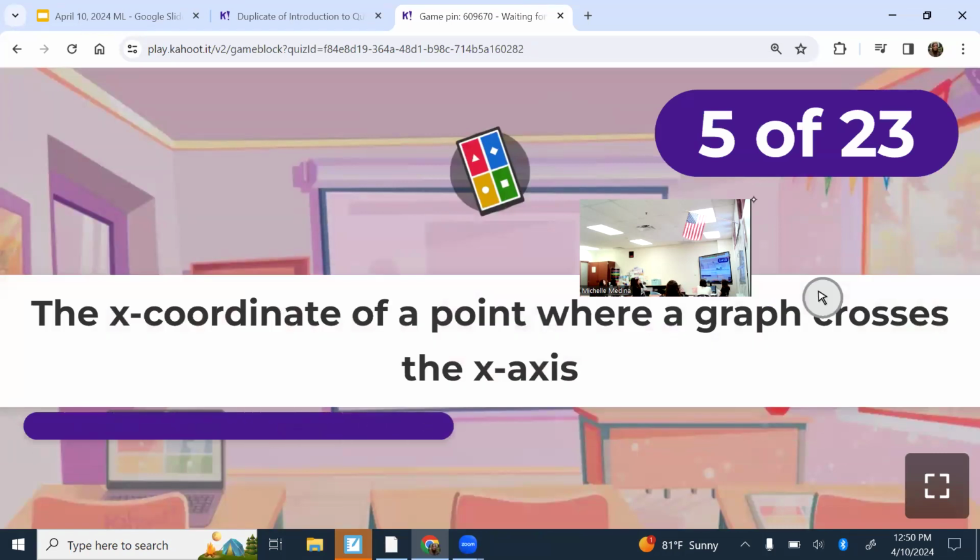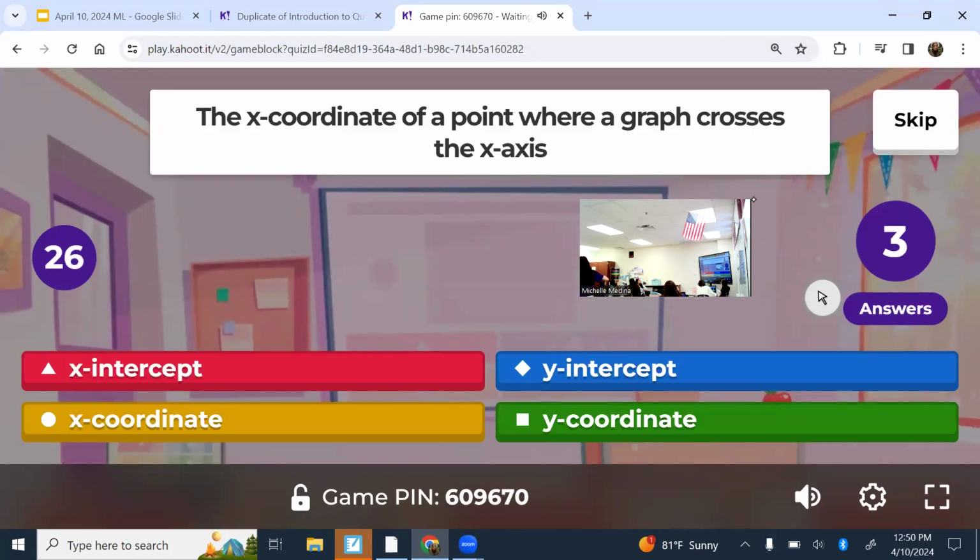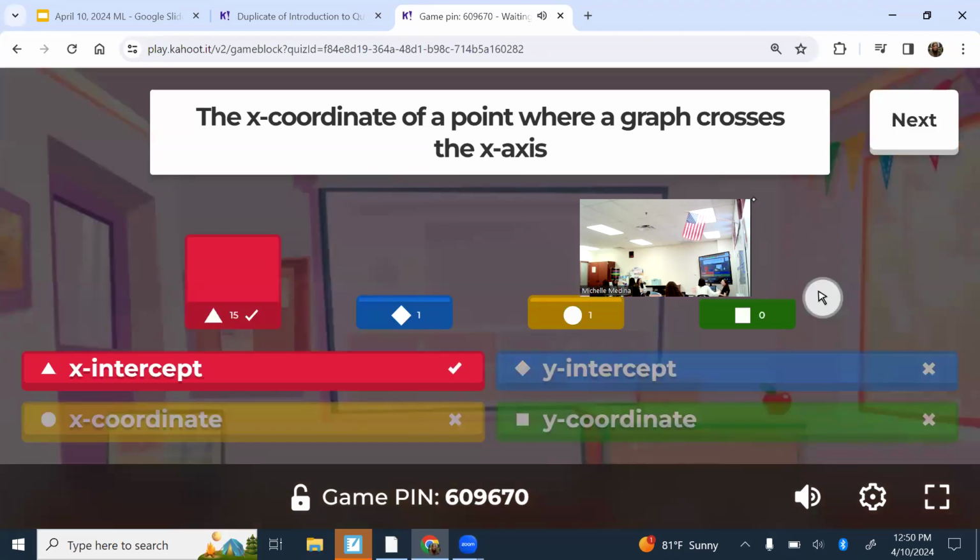Okay, the x coordinate of a point where a graph crosses the x-axis. Okay, x-intercept. Nice one, eh? Where it intercepts the x-axis.